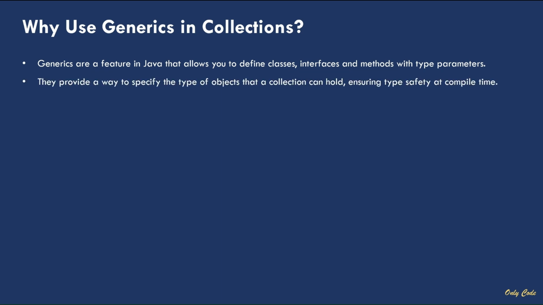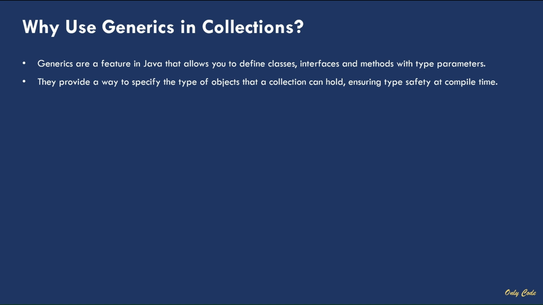For example, instead of using a collection that stores objects of any type, with generics, you can define that the collection will only store elements of a specific type, such as String, Integer, or any other class. This ensures type safety at compile time.